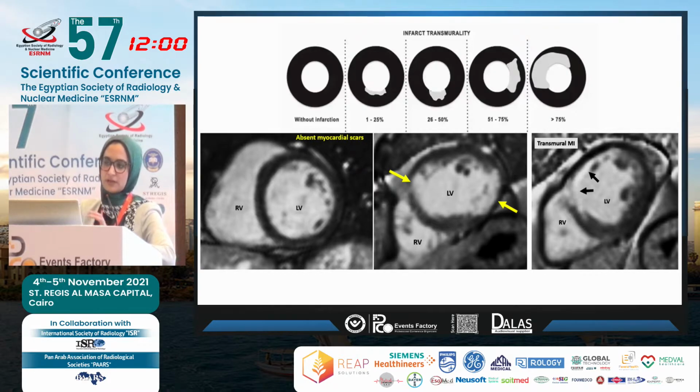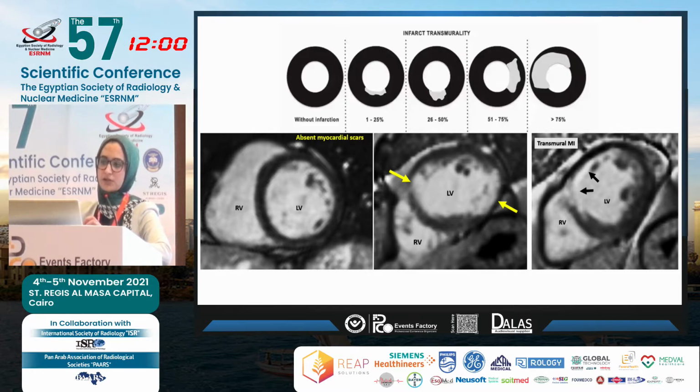If you detect a scar that is less than 50% of the diameter of the myocardium, that's considered to be a viable myocardium based on many previous studies.